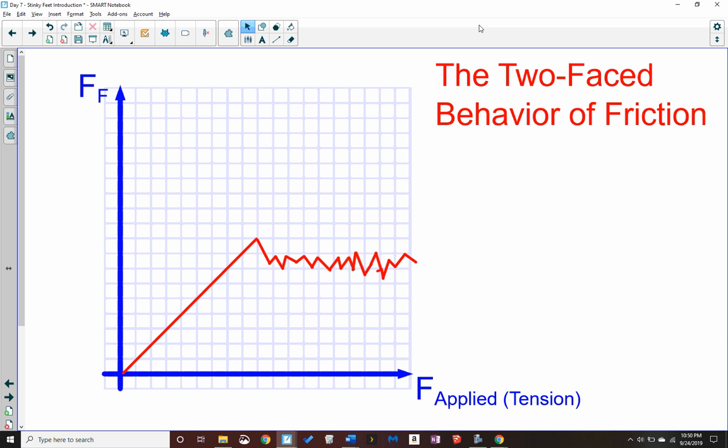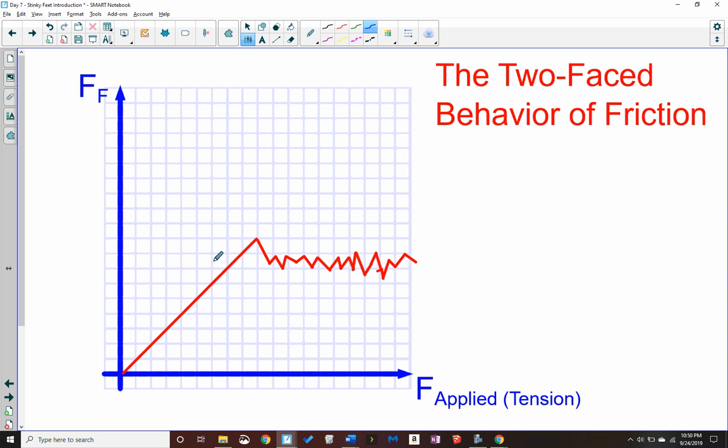I call this the two-phase behavior of friction because if we remember, we saw two distinct regions in our friction graph. At the beginning here, we see that the applied force and the frictional force grow together. And that's the region, if you recall, where our block of wood was sitting still, the static region.